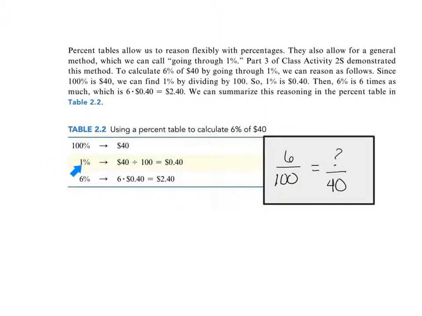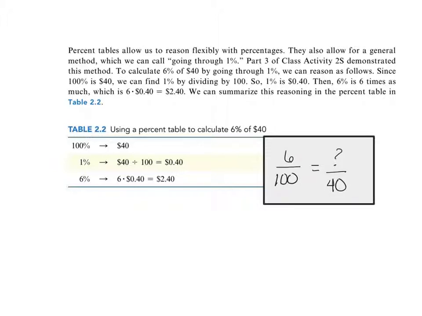So that would be dividing by 100. So we would just take the 40 and divide by 100 and get 40 cents. Once we know 1%, to go to 6%, we would simply multiply by 6. So 6 times 40 cents would end up giving us $2.40.